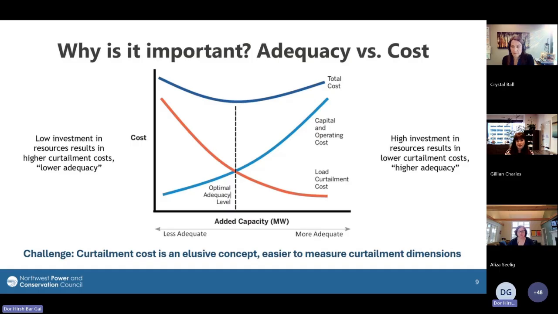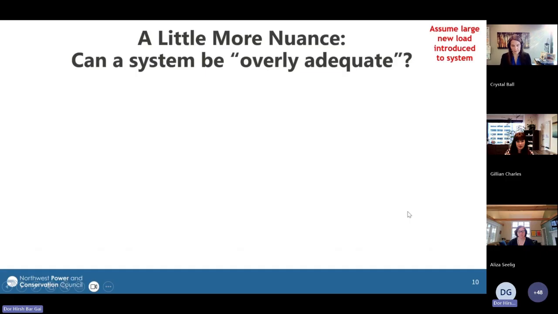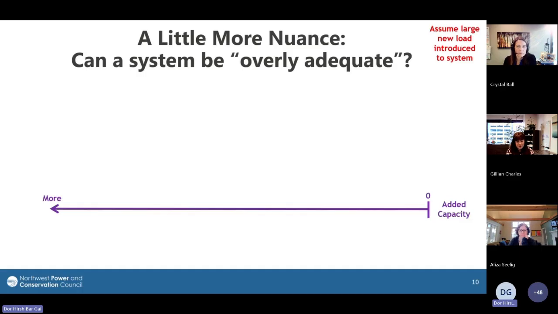Recognizing that there is this philosophical challenge, it raises another question that we could be a little more nuanced, and that is, can a system be overly adequate? If we assume that some large new load is introduced to your territory, you're going to be faced with a decision on adding capacity. So we start at 0, and we can go all the way to this ambiguous more on the left.